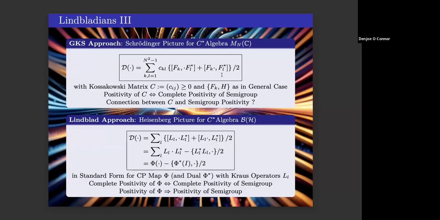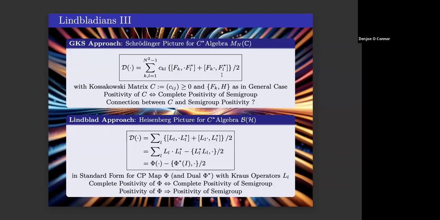And then Lindblad did the same, but he looked now not at just finite matrix algebra, as we showed along the last slides. He looked now at the whole C-star algebra of bounded operators in the Hilbert space, and he found this, which is basically the diagonal form of this.